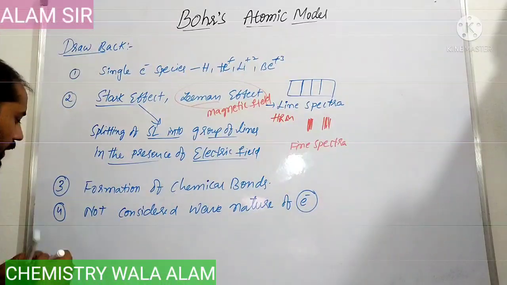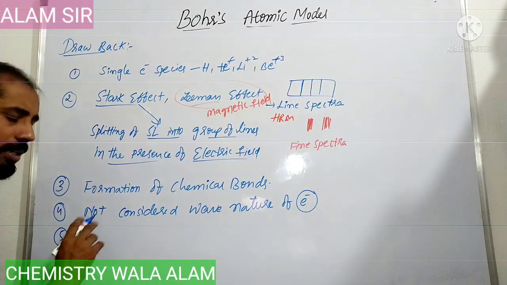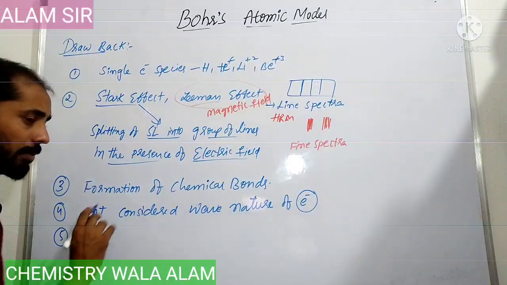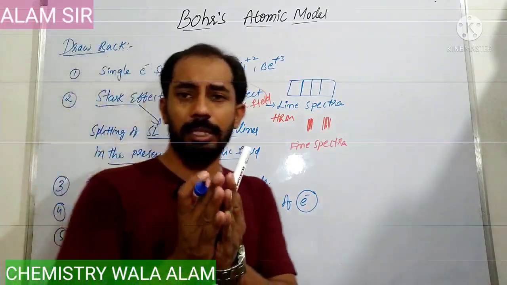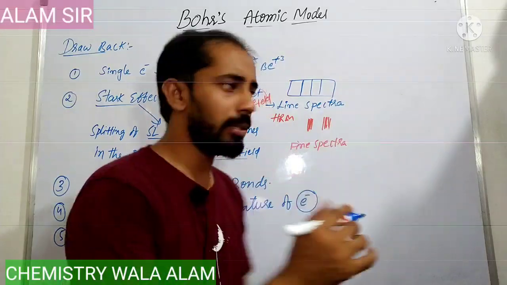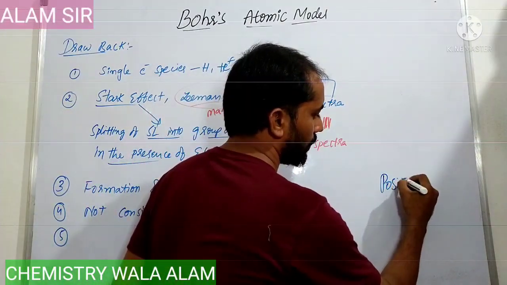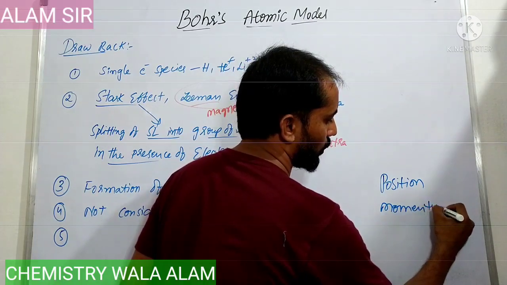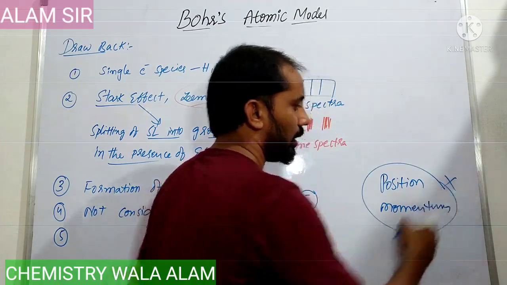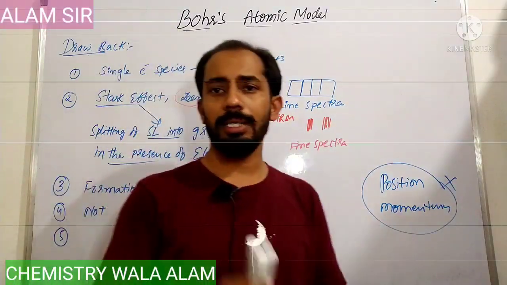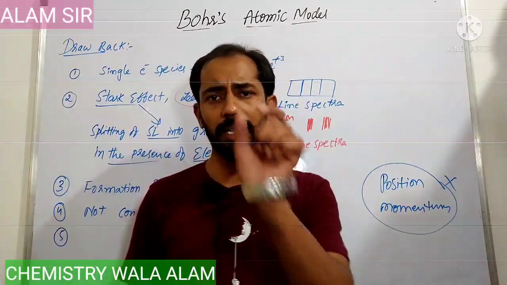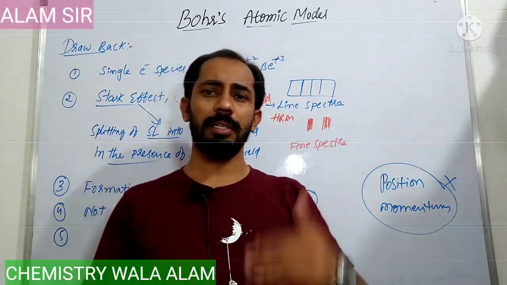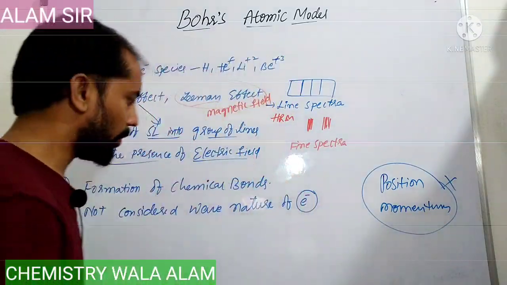Next point: Niels Bohr calculated the energy, radius, and velocity, but Heisenberg said it is impossible to determine the position and movement of an electron or microscopic particle simultaneously and accurately. At a time we cannot calculate the position and movement of the electron simultaneously and accurately, but Bohr did.